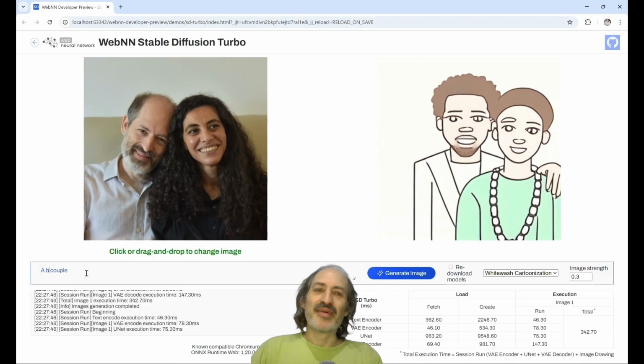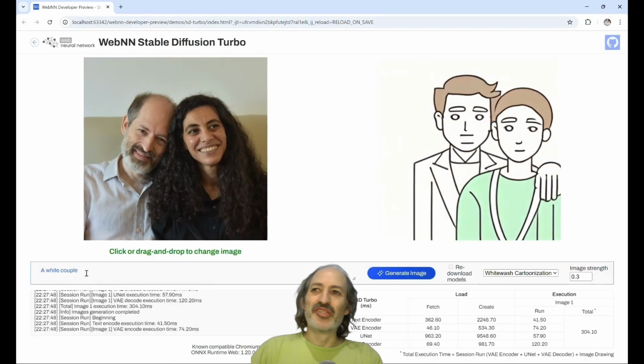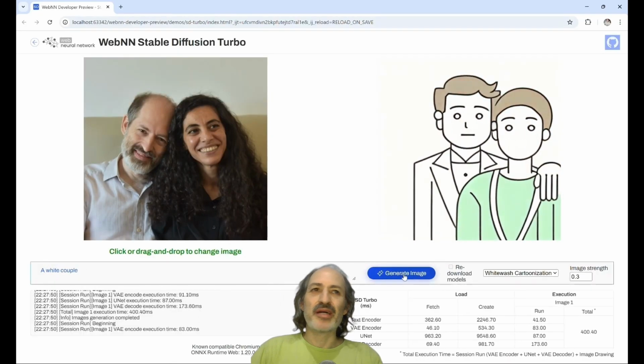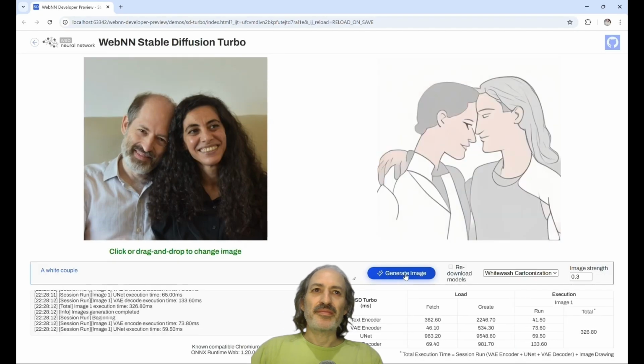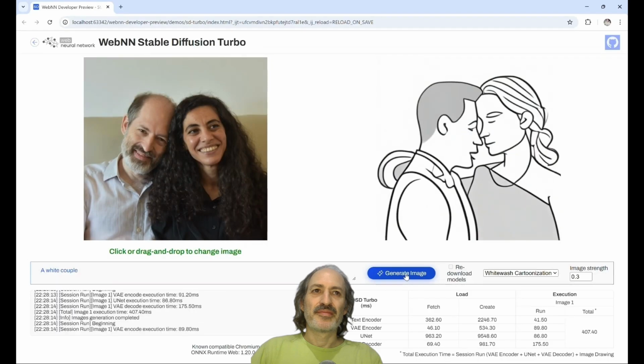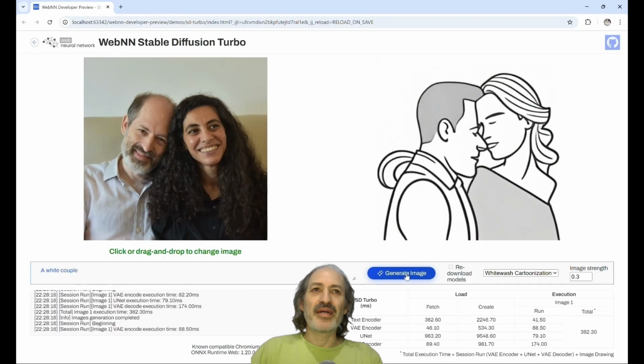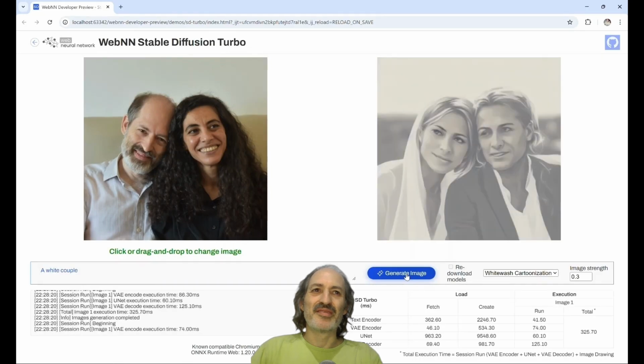And you can get very interesting and original style. Here I changed from a black couple to a white couple. And I even feel some dynamics is emerging here.